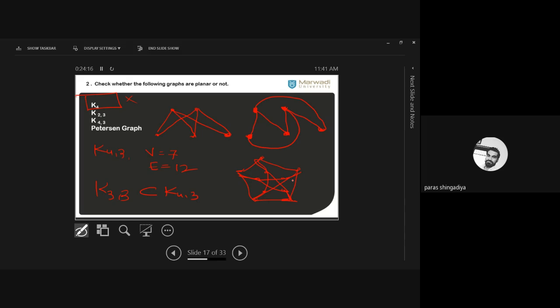Just try it: stretch these inside five vertices to the outside and put them there.